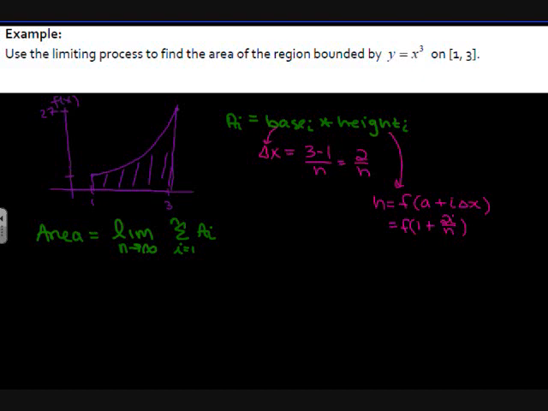Next, let's evaluate this f at 1 plus 2i over n. So we're plugging that into y equals x cubed. So we really need 1 plus 2i over n, all being cubed.